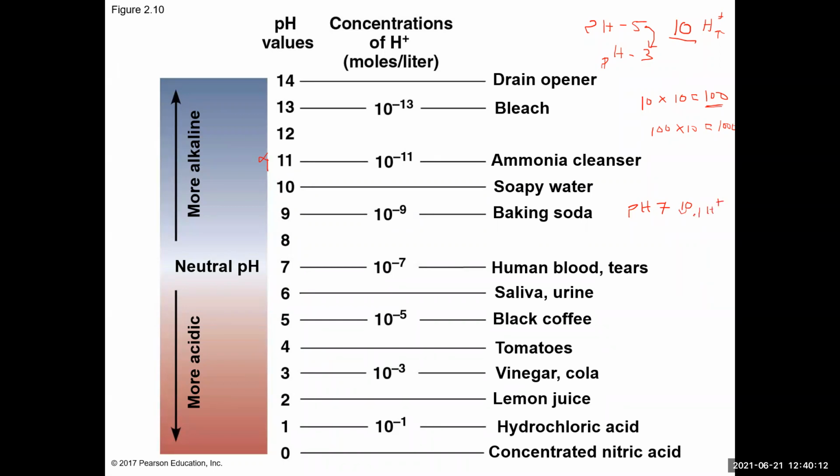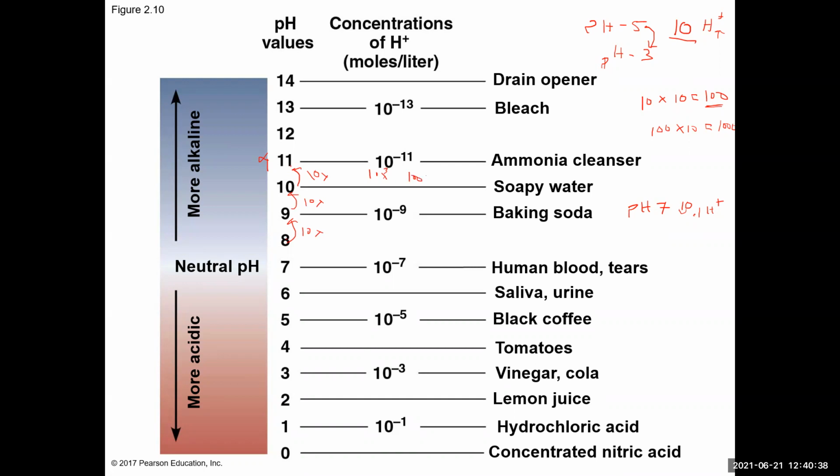Okay, so that's the big thing, that the pH is a log scale. You're changing by a factor of 10 every pH unit that you change, right? So 10 times, 10 times, 10 times. So if you change from an 8 to an 11, that's 3 steps, so it's essentially 10 to the third.